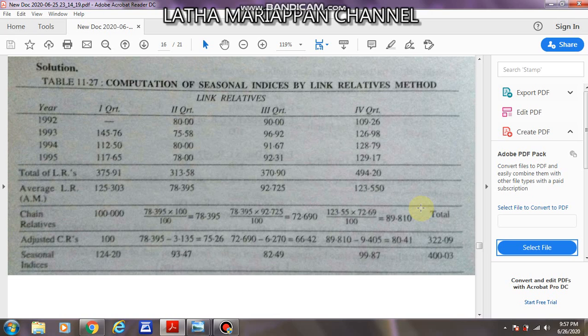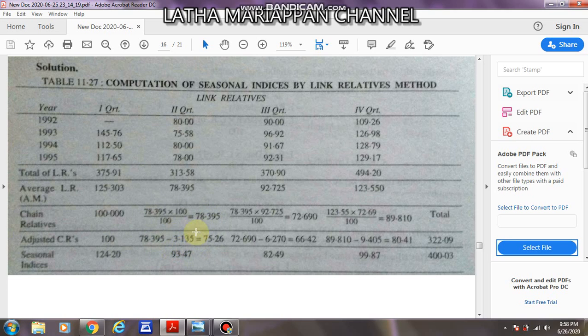You will get 12.54, and for 4 quarters you have to divide. So how much will you get? 12.54 divided by 4, you will get 3.135. That value is the adjustment. So first always 100, second take this value minus 3.135.